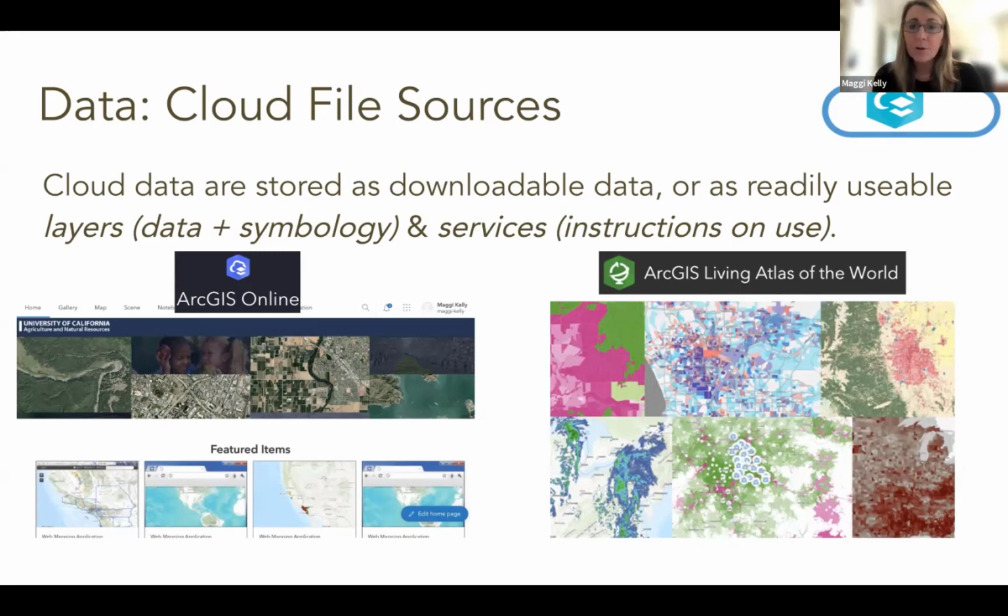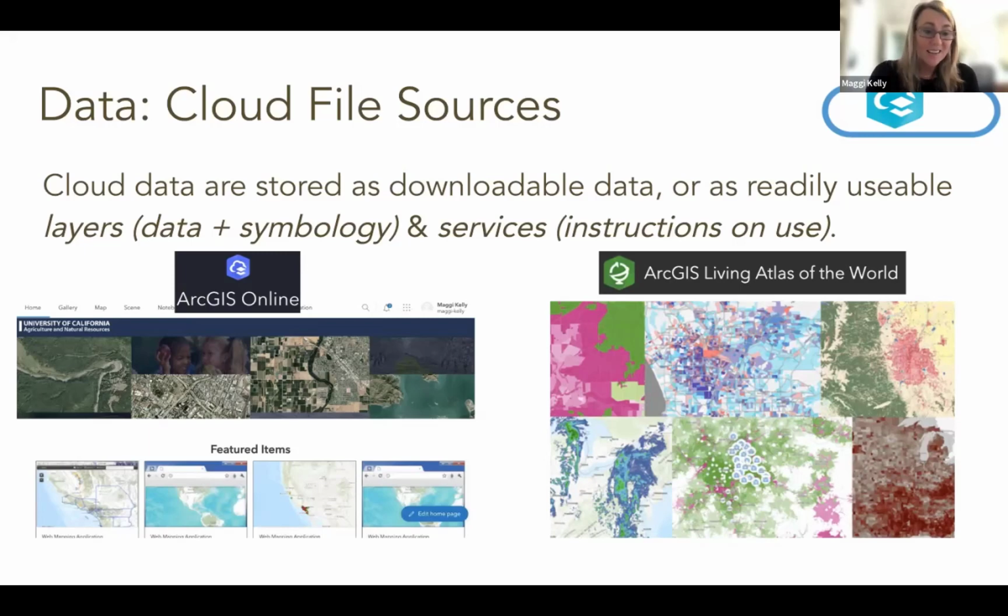The second portal is called Living Atlas of the World, and this is where Esri has spent a ton of time curating specific data sets. It's a great place to start, because if you find the data that you need in Living Atlas of the World, it's gone through some kind of curation process, and it's typically pretty comprehensive and pretty well validated.